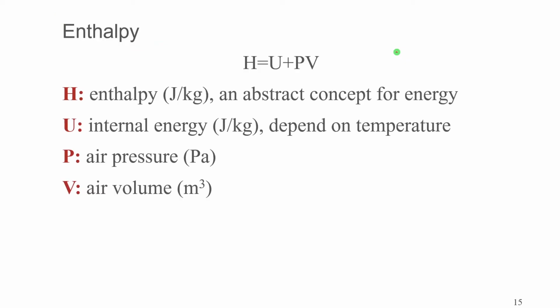To solve that question, we need to introduce the term enthalpy. Enthalpy is an abstract concept for energy. It equals internal energy, which depends on temperature, plus air pressure multiplied by air volume. It is impossible to calculate the absolute enthalpy, and we are only interested in changes in enthalpy.